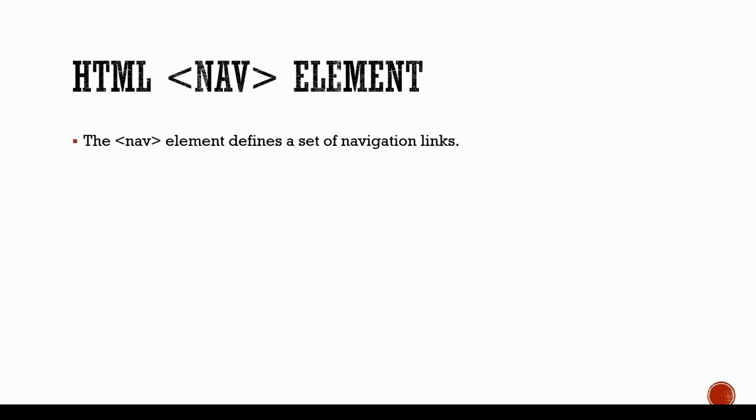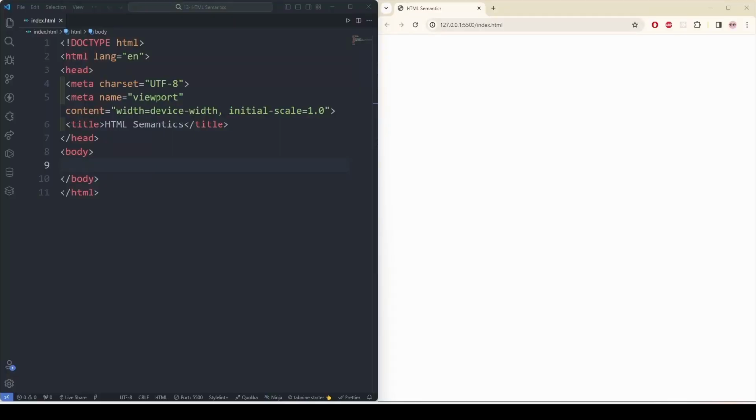Now we'll have a look at the nav element. The nav element defines a set of navigation links. Let's have a look at it in our code. For navigation, we are going to write nav, and then we are going to take our navigation links.